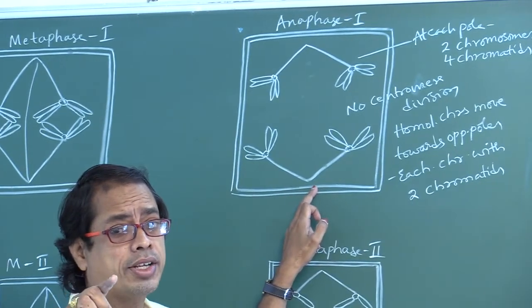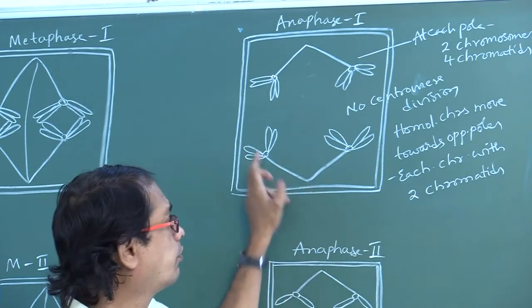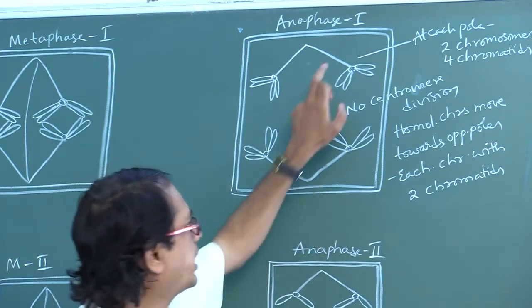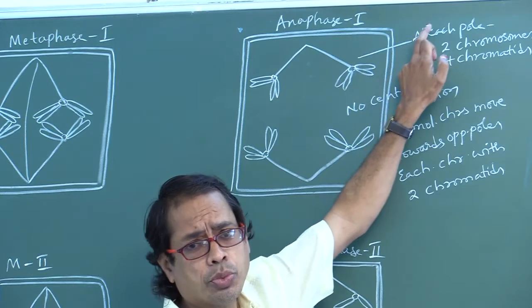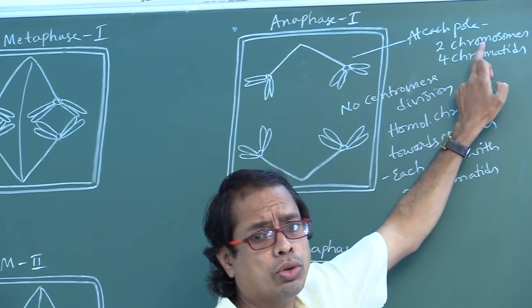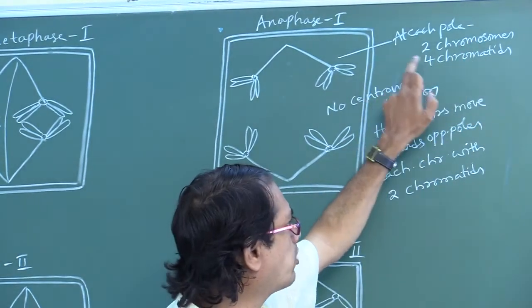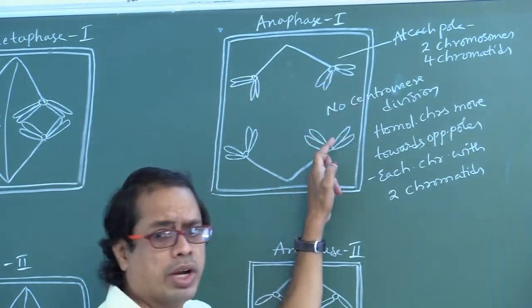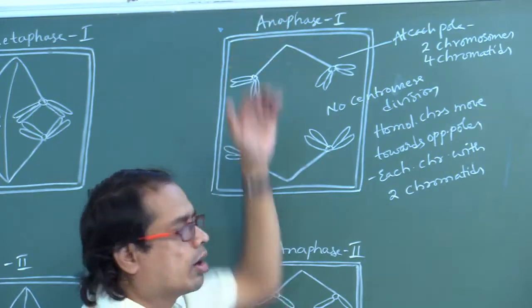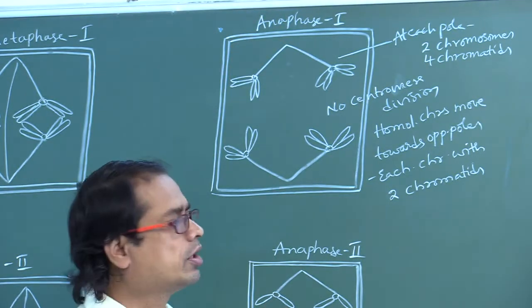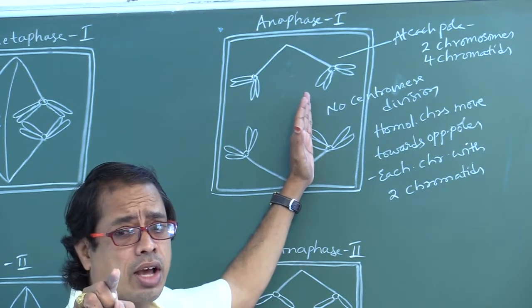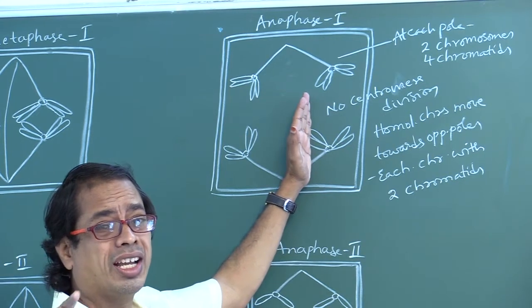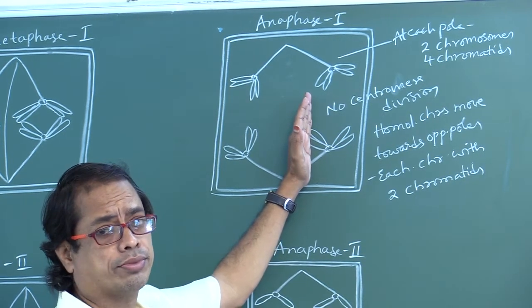Number of chromatids in anaphase 1, 8 chromatids. At each pole, number of chromosomes, 2 chromosomes. At each pole, number of chromatids, 4 chromatids. Each chromosome with 2 chromatids moves towards its opposite pole. This is the so-called segregation of chromosomes, also called disjunction of chromosomes.